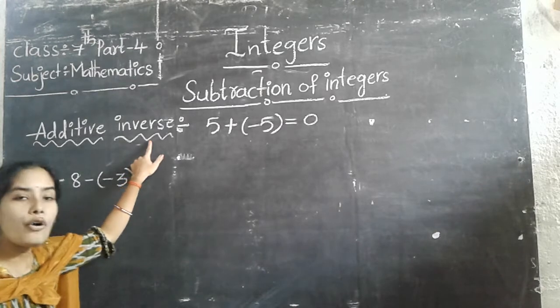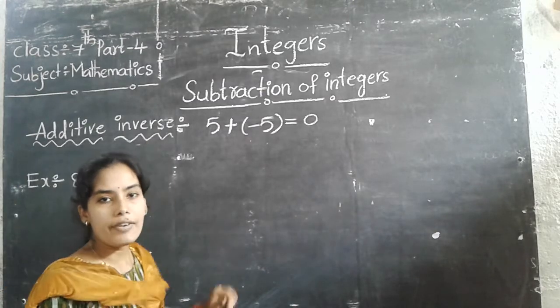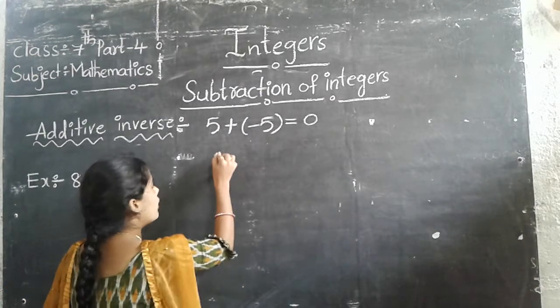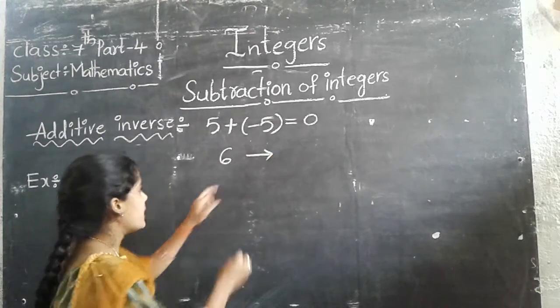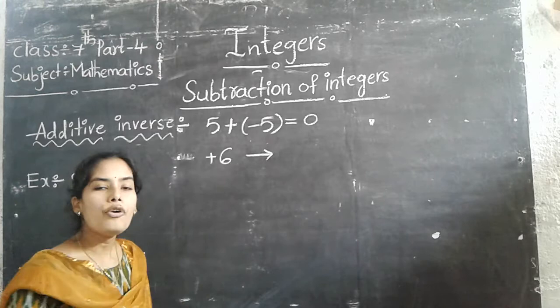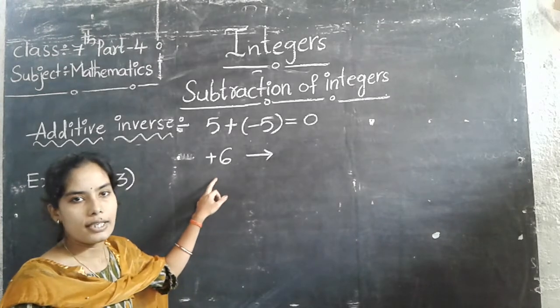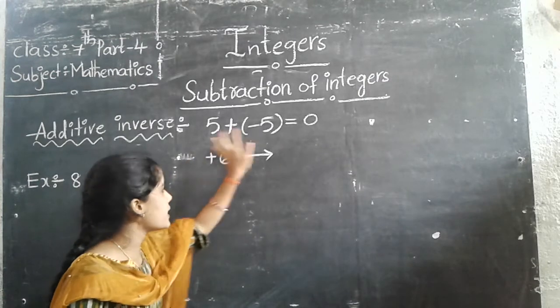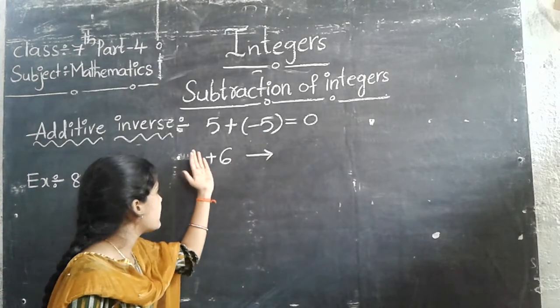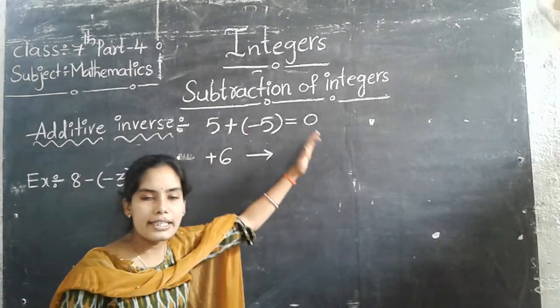So how do we get the additive inverse of a given digit? For example, what is the additive inverse of plus 6? Simply, children, we just change the sign. If it is plus, we change to minus.